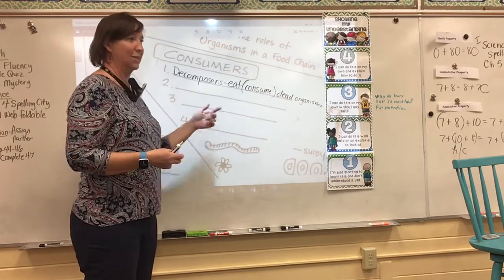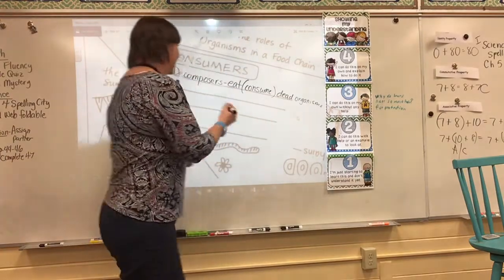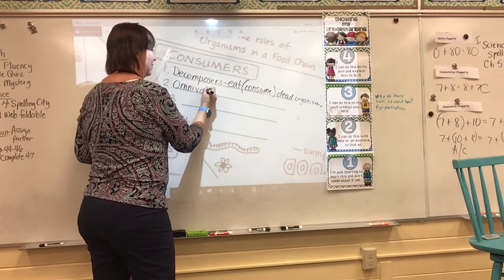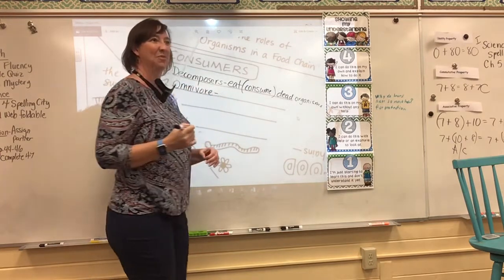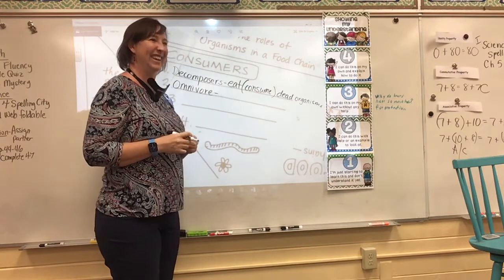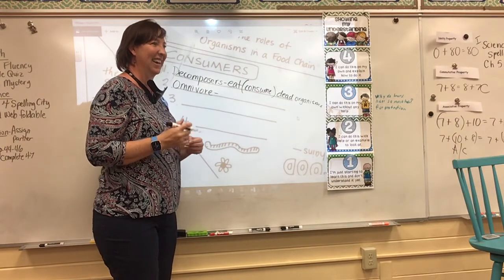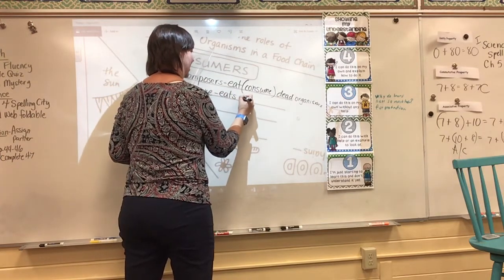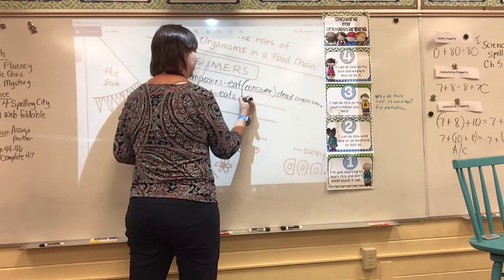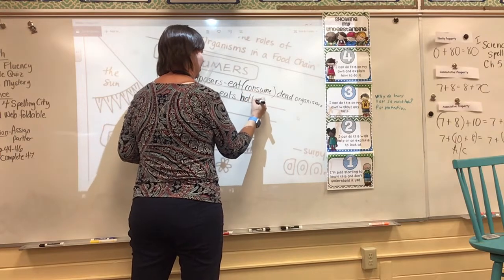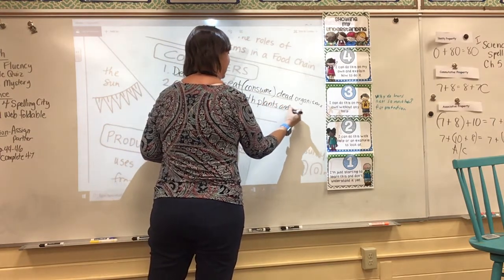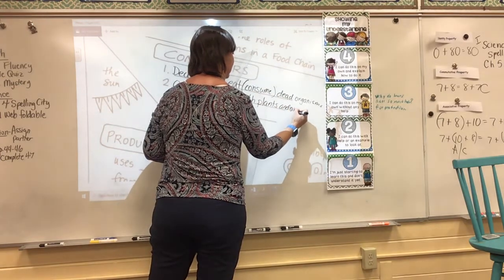So the next thing we're going to write down is omnivores. And who can tell me what an omnivore is? What's an omnivore? Yes? It eats both meat and plants. Very good. So an omnivore eats both plants and animals.